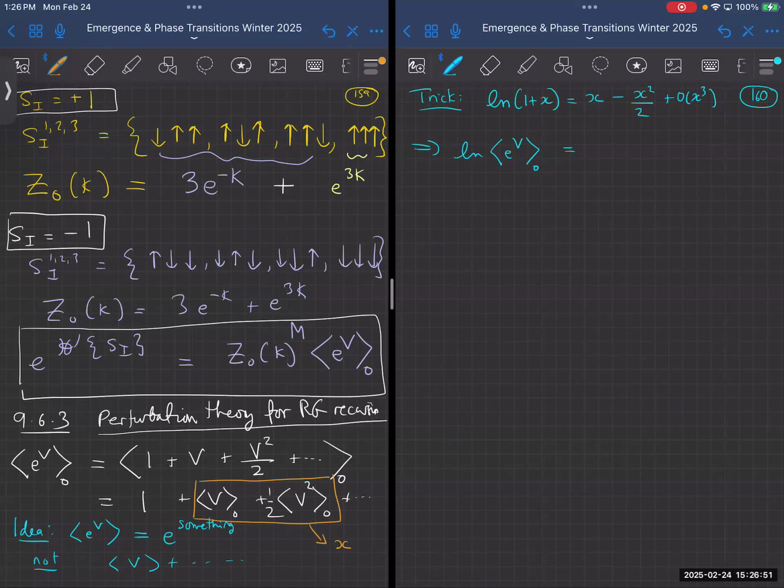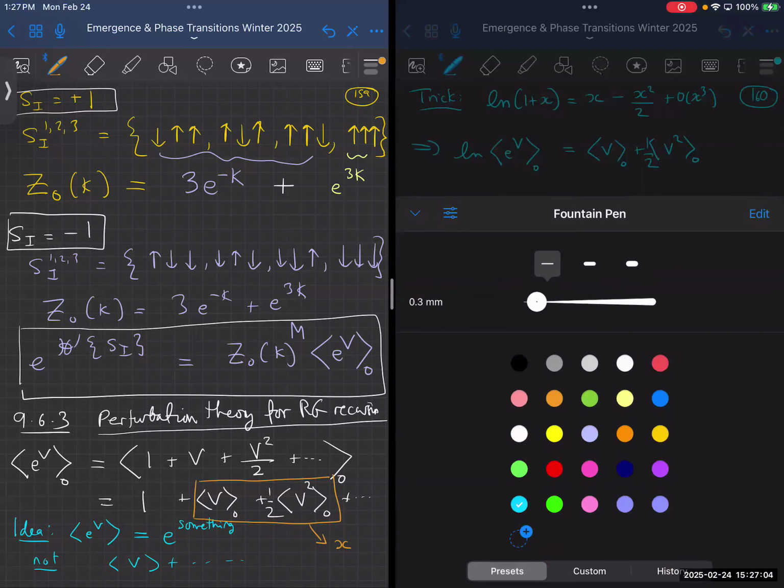So that's going to be the expectation value of v plus the expectation value of v squared times a half. That's this first term.